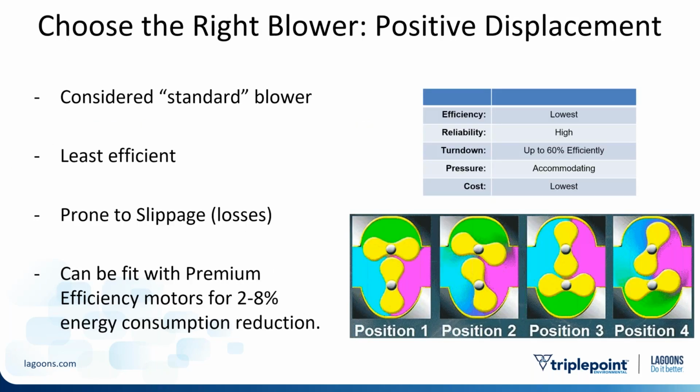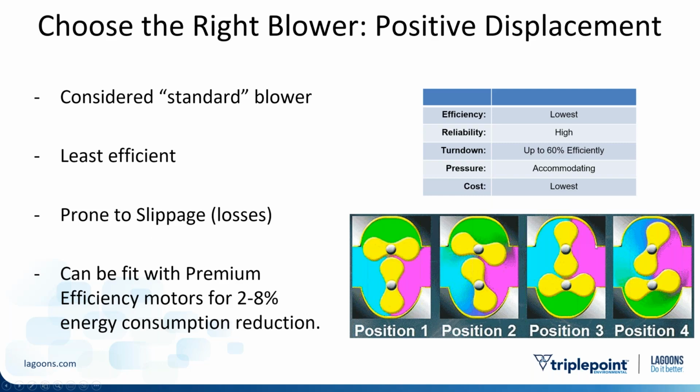So the positive displacement blower is kind of the standard blower in 80% of plants that you see. And I'm talking about it because the standard blower happens to be the least efficient one out there. There are less efficient options, and I mean, we use these all the time. I don't want to call this not efficient, but it's just kind of the standard blower. And the reason it's not as efficient is that they're prone to slippage.